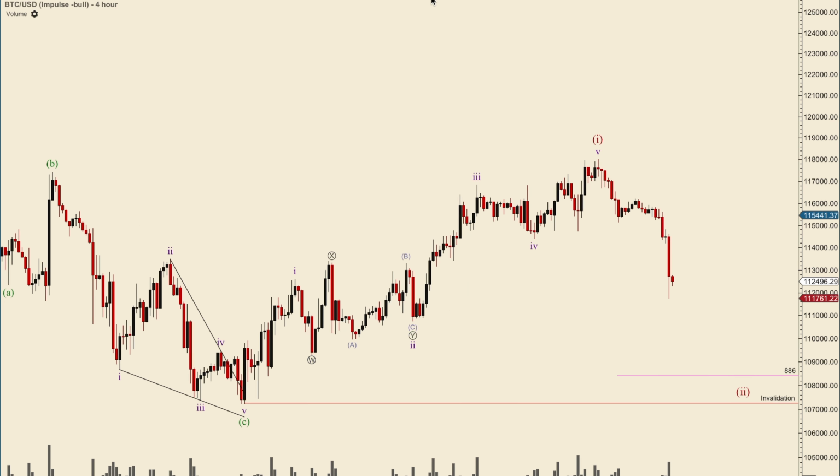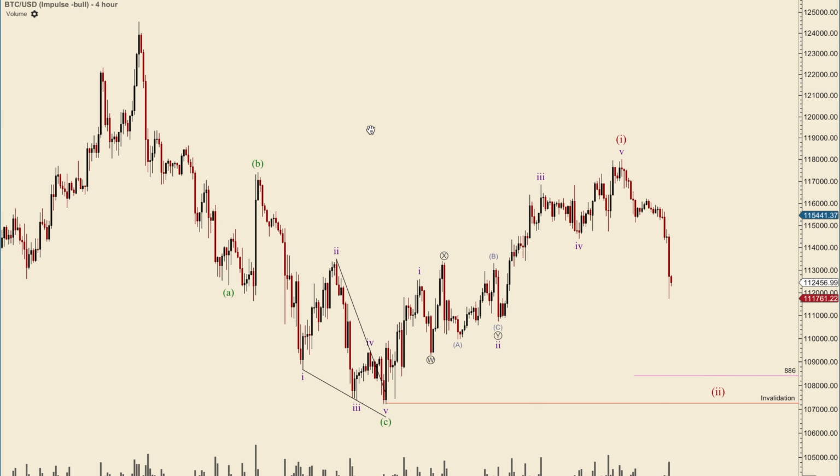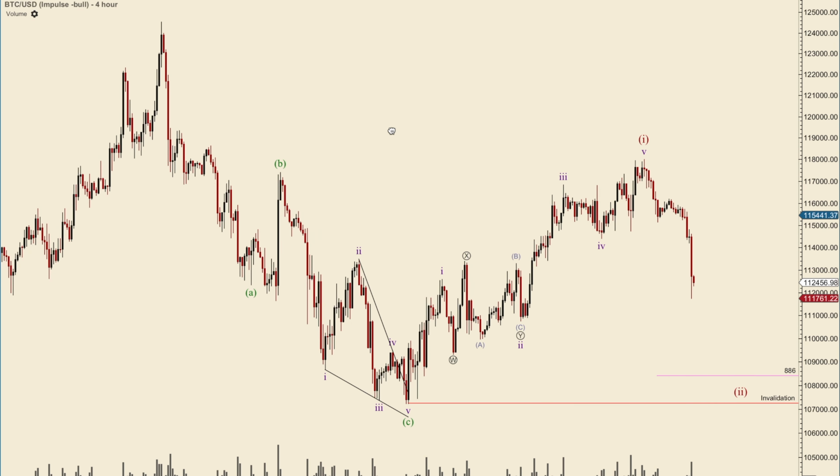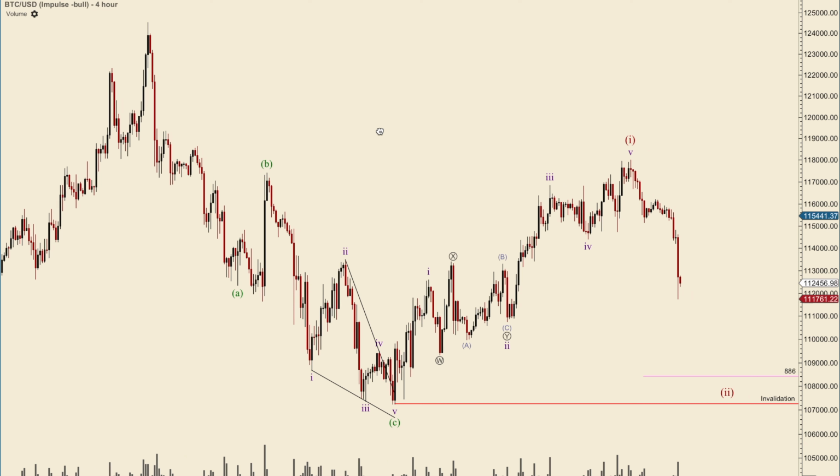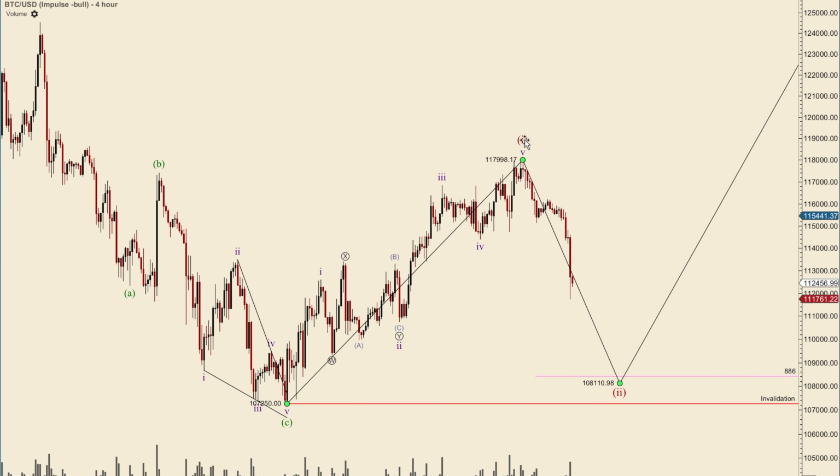And then we also have an impulse. We need to have a bearish and a bullish option, and this is the bullish one. Here we have a zigzag, a finished zigzag, and then we have 1, 2, 3, 4, 5 into an impulse here, 1. And here we are looking for wave 2.